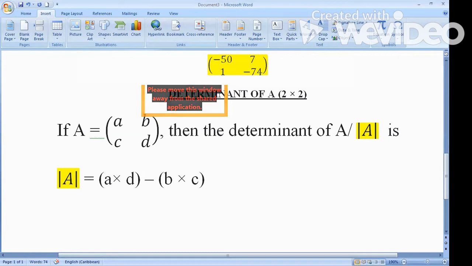Sir, question. Some of these formulas are going to be on the CXC paper, right? The formulas that are in CXC are the trigonometry formulas and the measurement formulas.